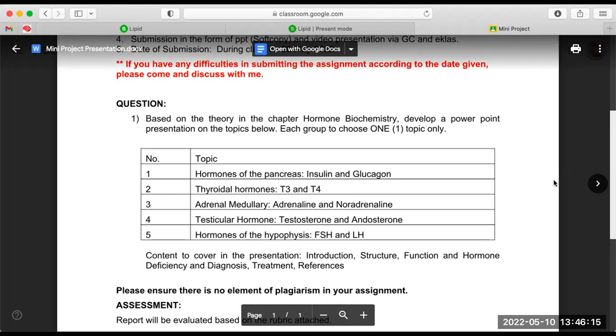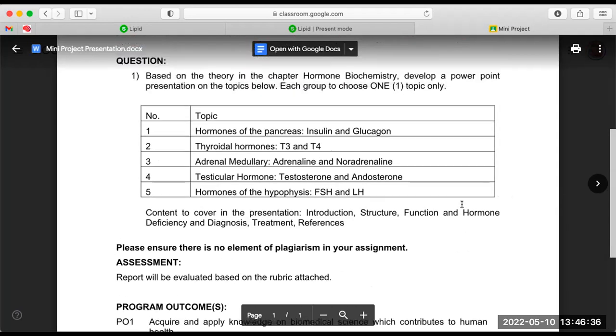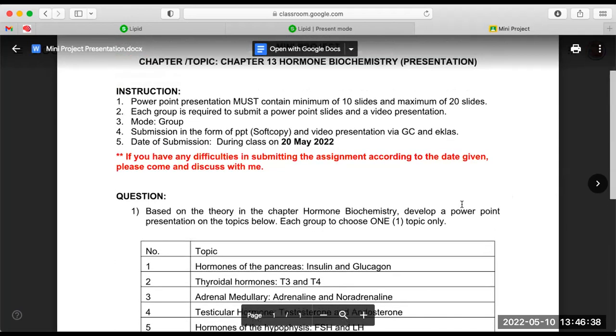Okay, later in e-class, just copy and paste the link. You can put it in Google Drive or you can upload your presentation to YouTube and then attach a link of your video and the link for your slides. Don't need to screenshot. Just send me the PDF or PowerPoint. Okay.